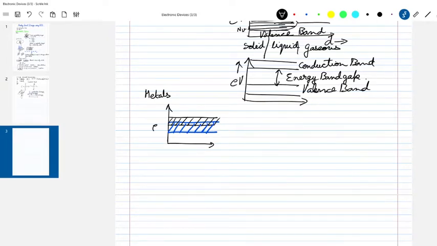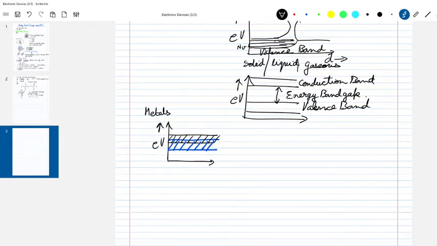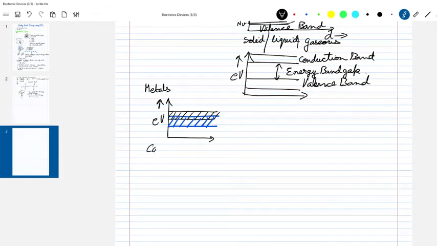If this exists, then at any temperature you have electrons in the conduction band, and these electrons are not tied to any nucleus. They are free to move around. So whenever you apply a potential, they are going to move. So that's why this is called a conductor.